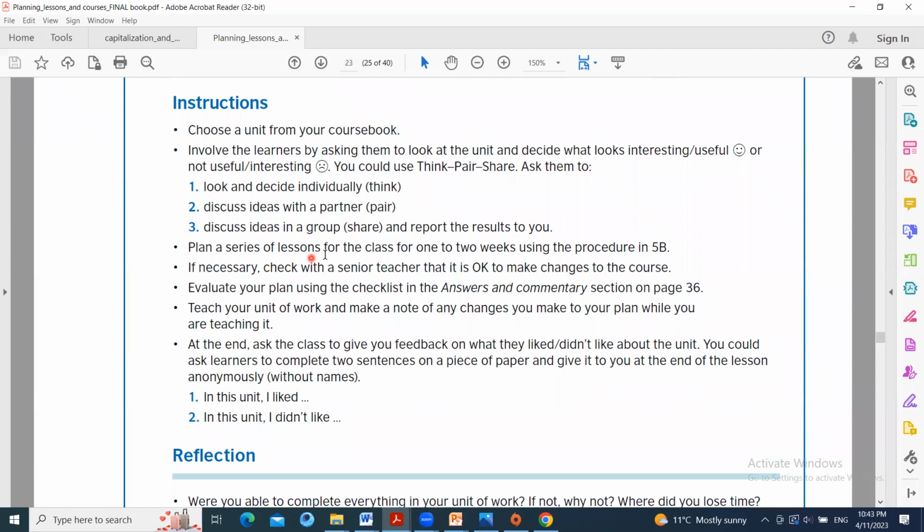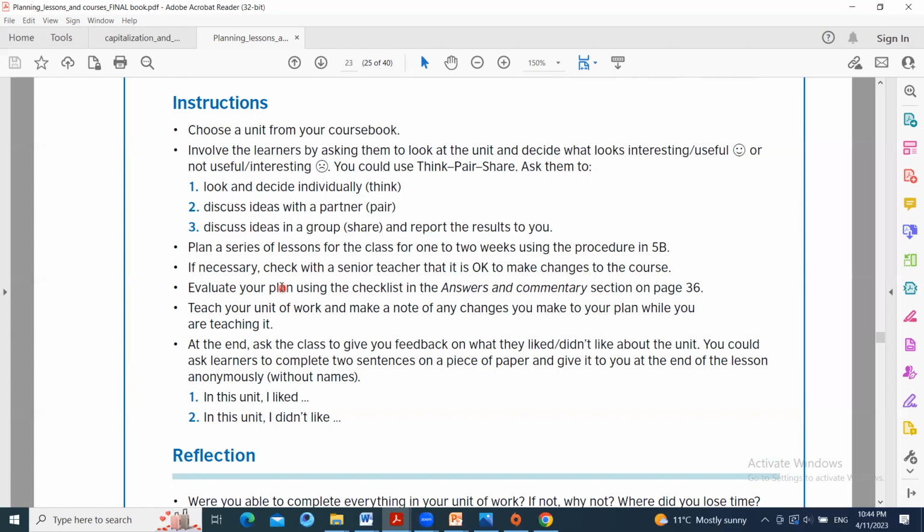Plan a series of lessons for the class for one or two weeks using the procedure that we mentioned in the previous part B. You can use the ways that we mentioned.